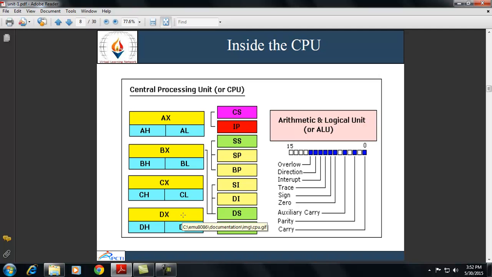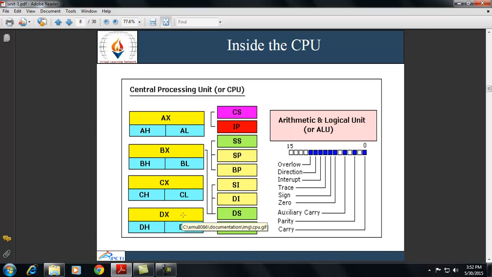The H in the register name represents the higher byte, while L represents the lower byte of the 16-bit registers. And these general purpose registers are primarily used for general computation purposes.